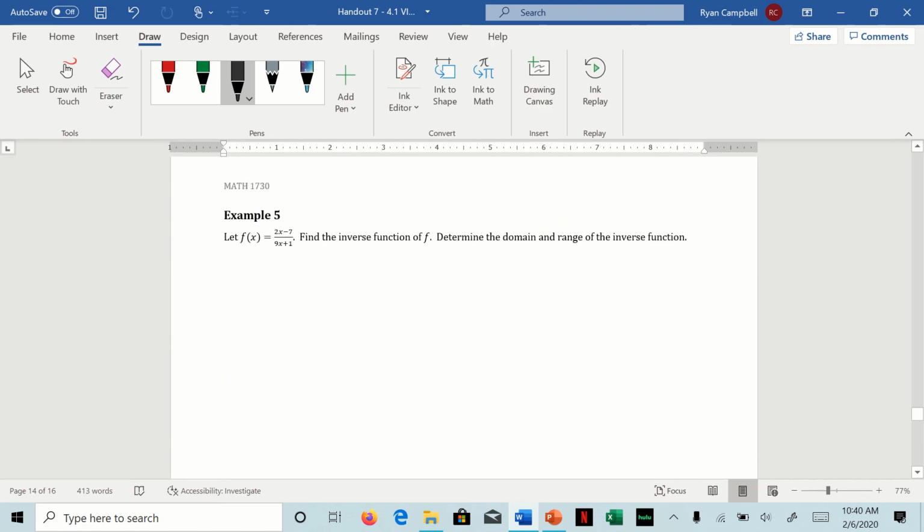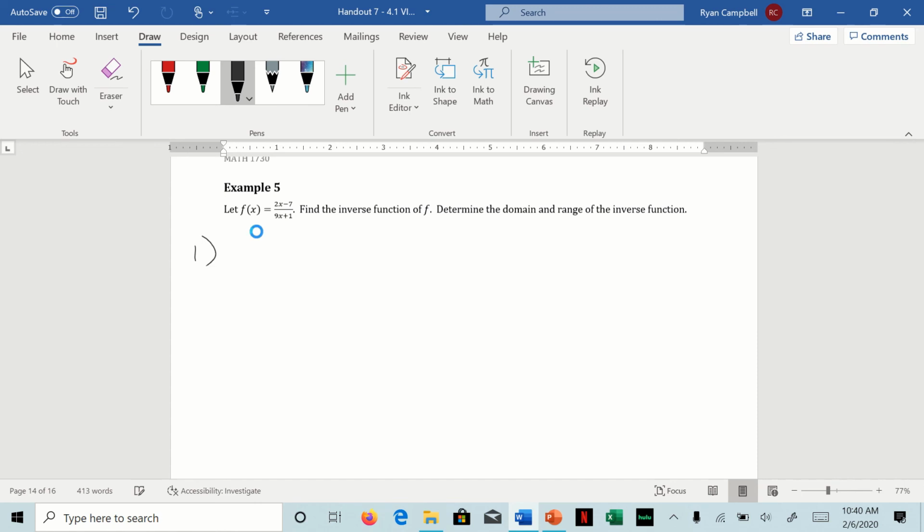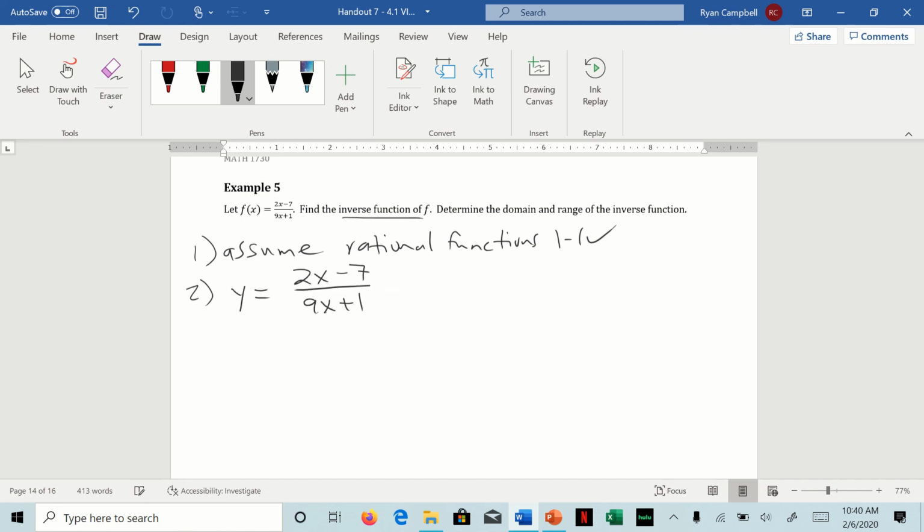All right, let's do another one just to get familiar with it. This is a little crazy. So number one, we're finding the inverse. Since it's a rational function only, we can assume all rational functions are one-to-one. That's okay. So number two, let's have y equal (2x minus 7) over (9x plus 1).